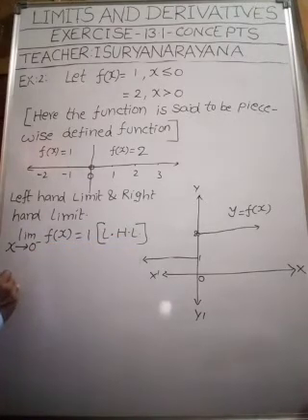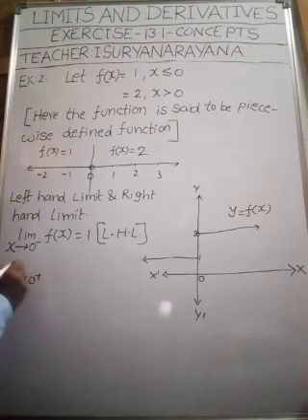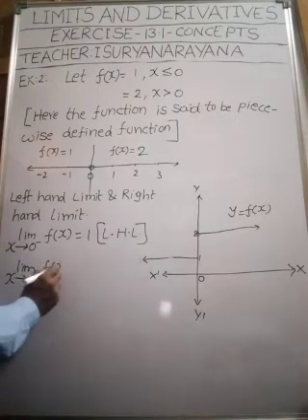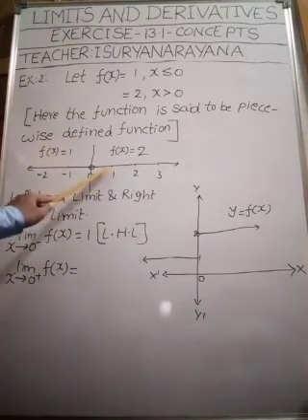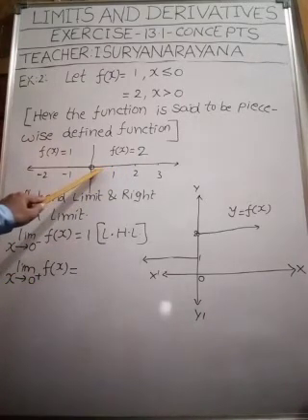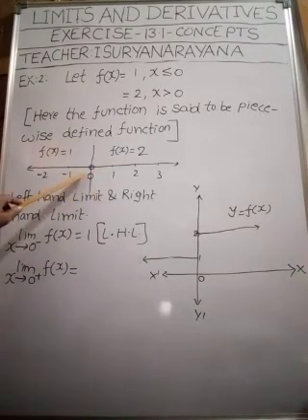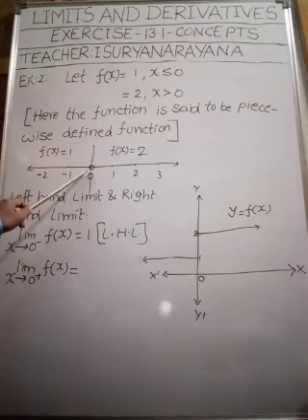Right hand limit: x tends to 0 plus means x values are approaching 0 from the right, values like 0.01, 0.001, 0.0001, like this. Understood this point, my children? Here x is taking the values minus 0.9, minus 0.99, minus 0.1, minus 0.01, minus 0.001, minus 0.0001, like this.